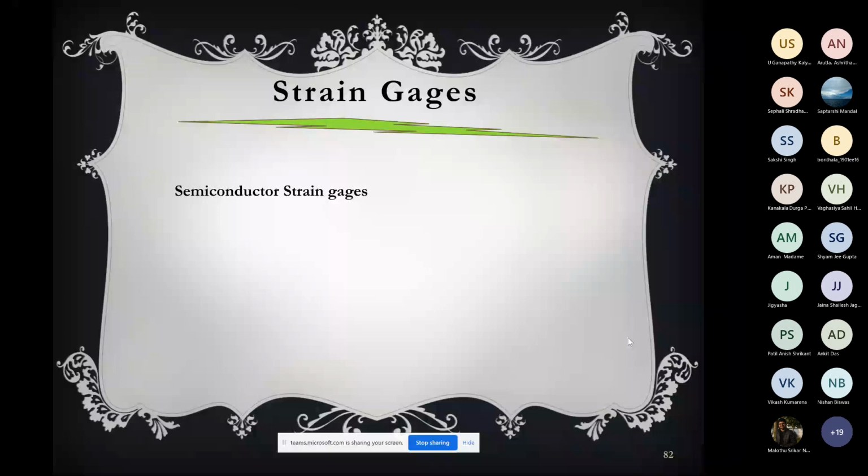Although the gauge factor is very high in the semiconductor strain gauge, the high gauge factor is accompanied by high temperature sensitivity, nonlinearity, and mounting difficulty. So there are three major difficulties in the semiconductor strain gauge. Although it has a very high gauge factor, it becomes nonlinear, highly temperature sensitive, and there is some mounting difficulty.